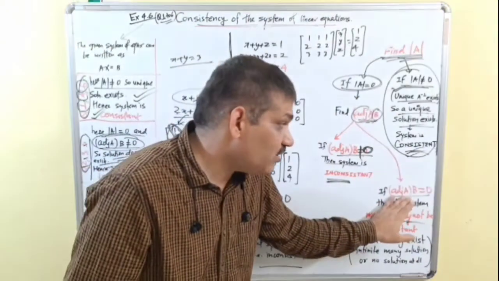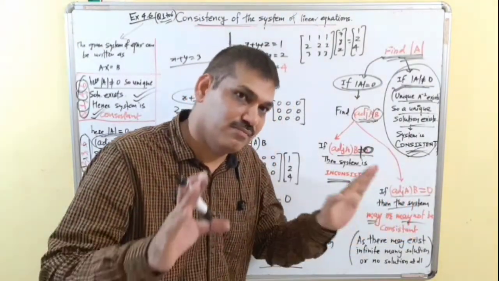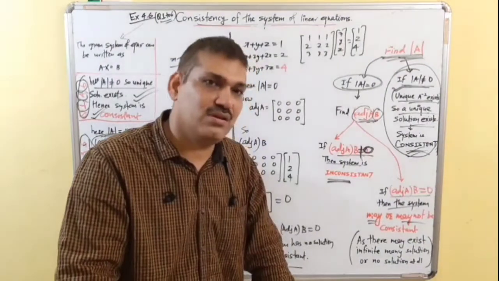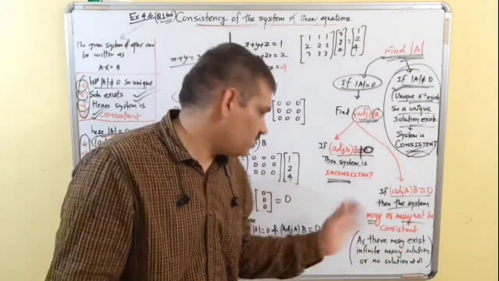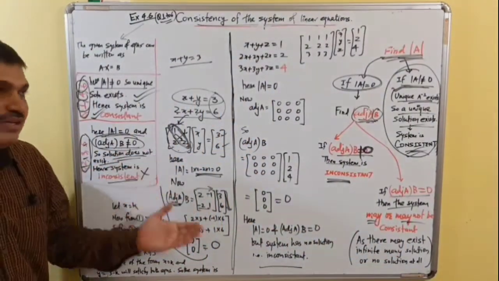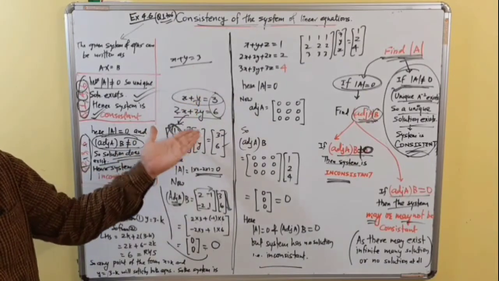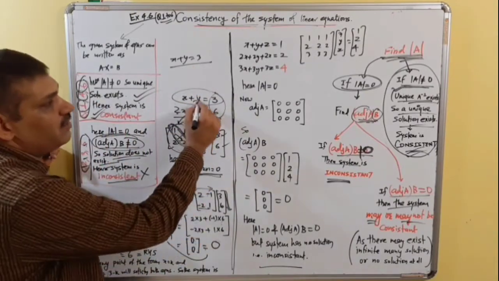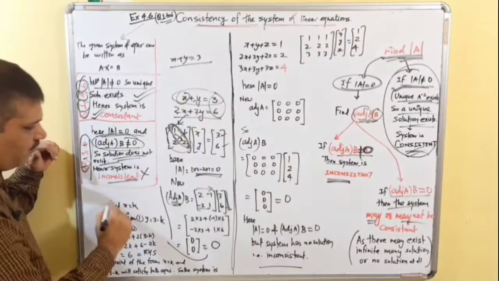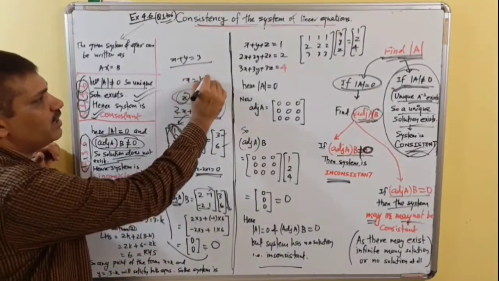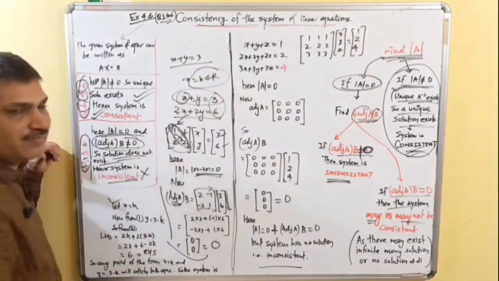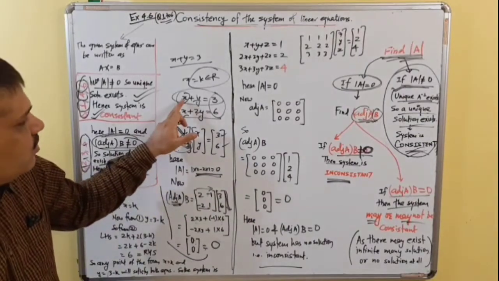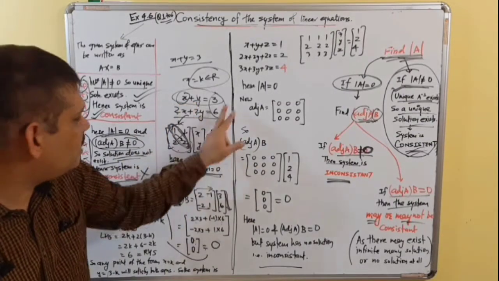Now adjoint A into B is 0 means the system may have infinitely many solutions or may not. This is the case where we have infinitely many solutions, which we already know. See how we proceed. We take any arbitrary value of x, say x = k, where k is any arbitrary real number. So I put x = k and find the value of y: y = 3 minus k.